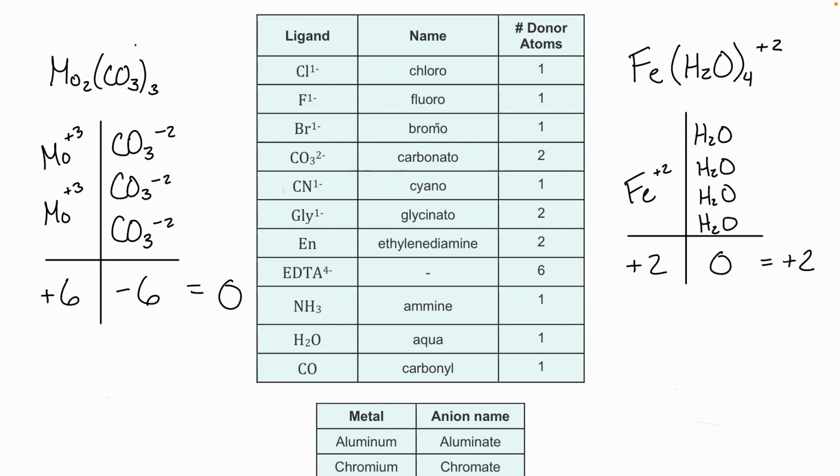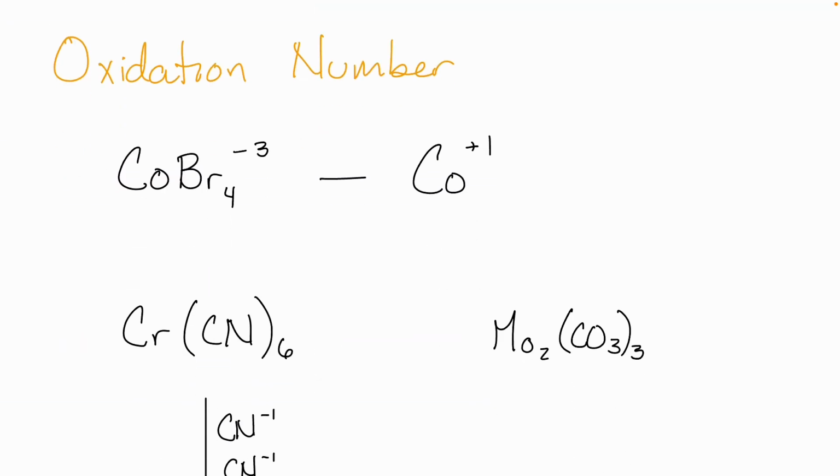All right, some of these ligands are charged. Some of these ligands are neutral. Okay? All right. So we talked about oxidation number. Now for these transition metal complexes, we want to be able to determine the coordination number.